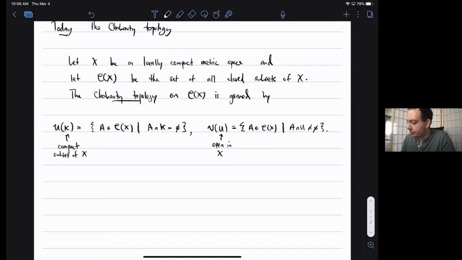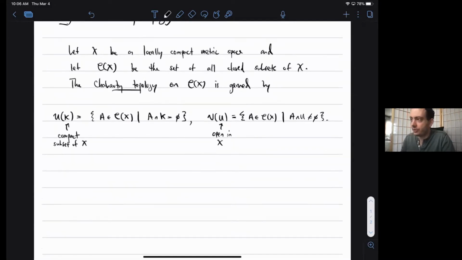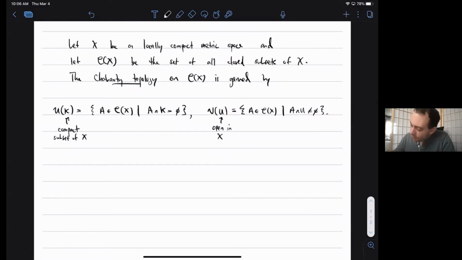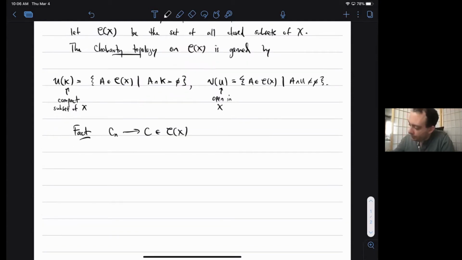Okay. So you have these two types of basic open sets, and then maybe the way that I actually think of the Chabauty topology though is in terms of convergence. So if I have closed sets Cn going to C, this convergence in the Chabauty topology happens if and only if the following two conditions are true.